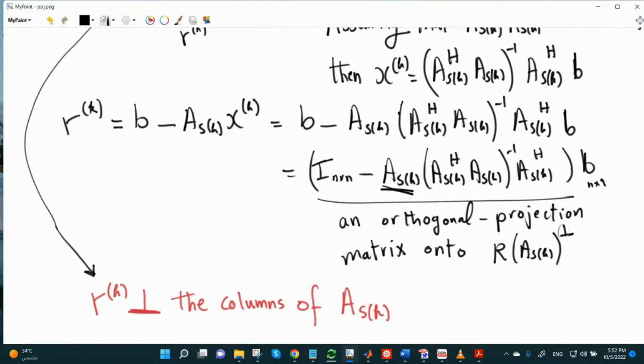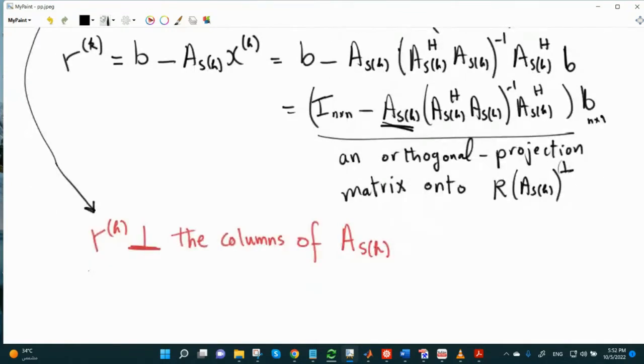And this is very important. Now, what is the L2 norm squared of the residual? This is an extremely important quantity. This is what we are interested in this convergence analysis.